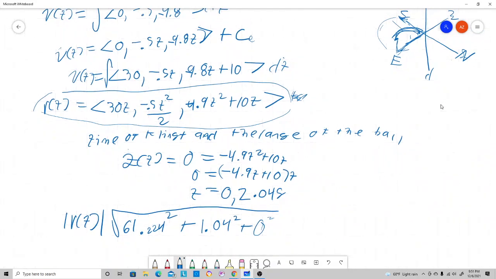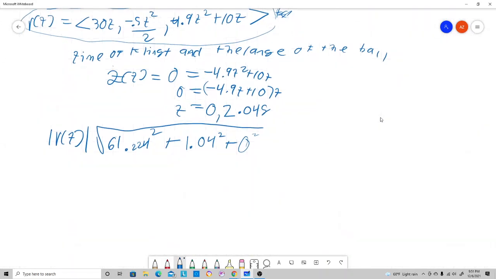So there's 0 z component. So that makes sense. So now we can take this and compute it, and I get an answer of 61.23 meters.